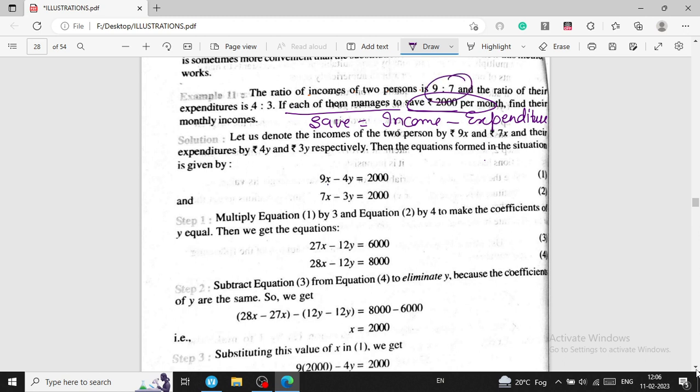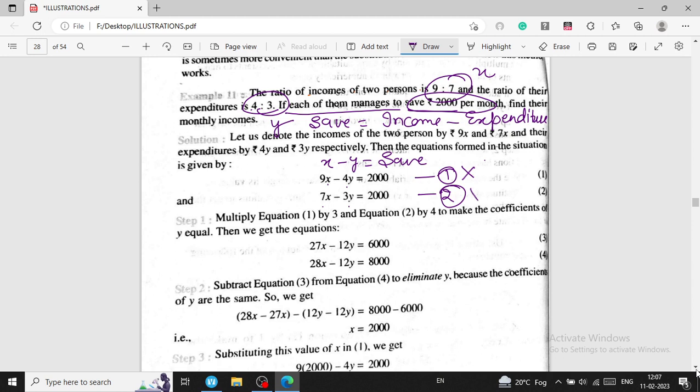We assume these are x and we assume these are y. Saving value: 9x minus 4y is equal to 2000, first equation. 7x minus 3y is equal to 2000, second equation.